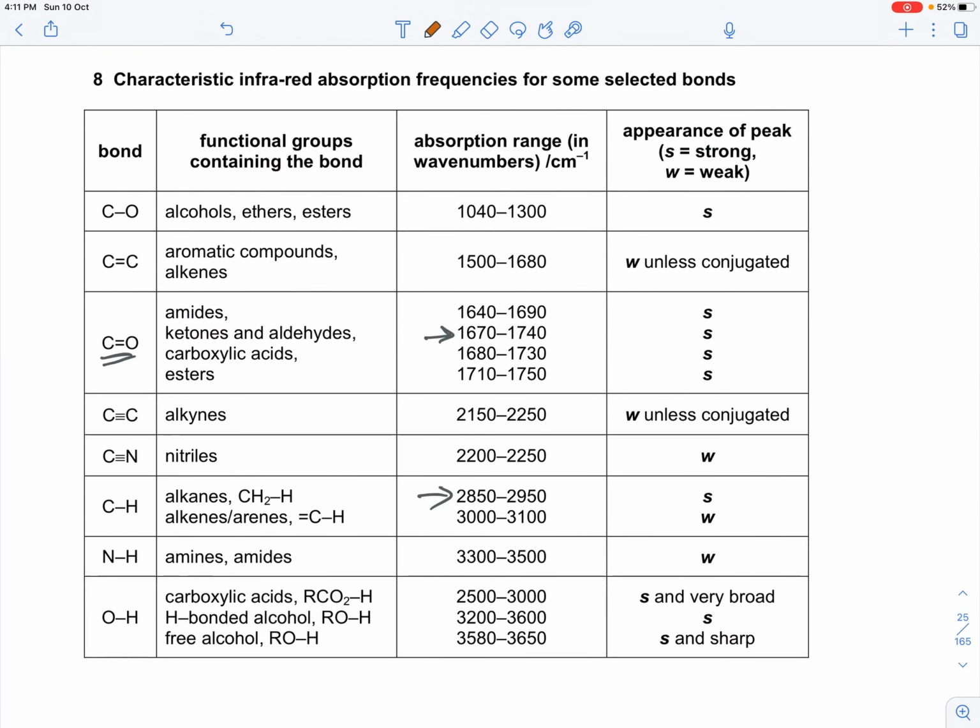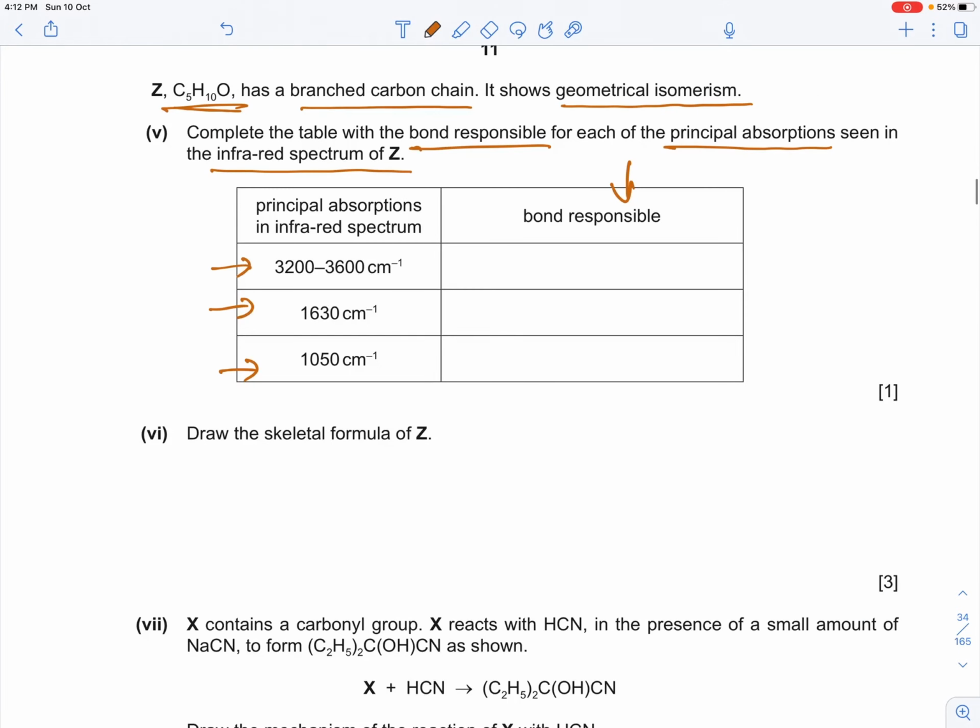Okay, so this is the absorption range, 3200 to 3600, and the bond responsible is OH. And as the molecular formula suggests, the compound Z has oxygen present in it, so that means it could have an OH group present. So this would be an OH group.